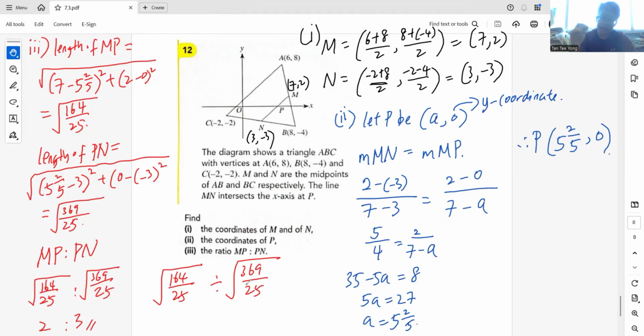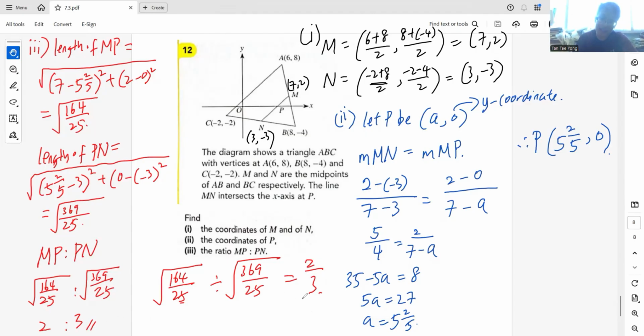Then you will get a very weird number, but you are supposed to get, wait, hold on. Oh, I keyed it wrongly. You are supposed to get 2 over 3. I keyed this as 4 instead, my bad. It's supposed to be 5, but anyway, I wrote 5 here. So if you key in square root of 164 over 25 divided by square root of 369 over 25, you will get the answer 2/3.